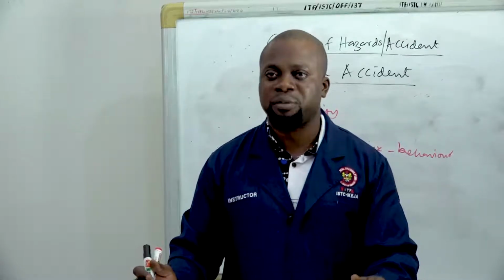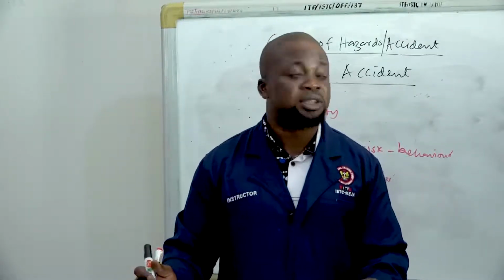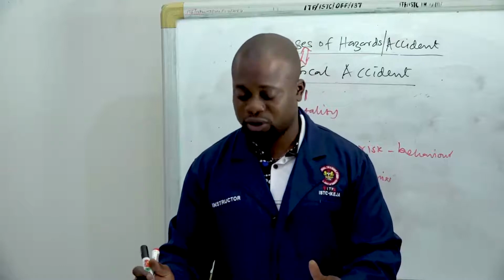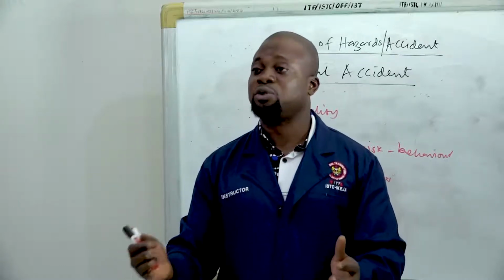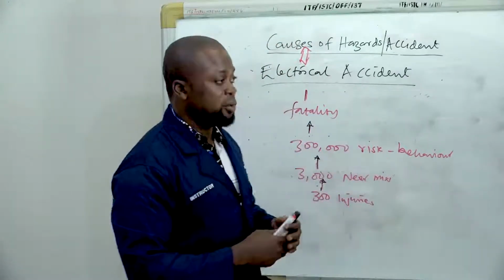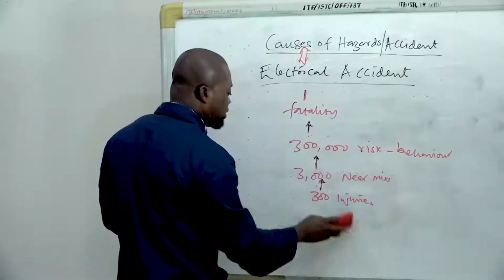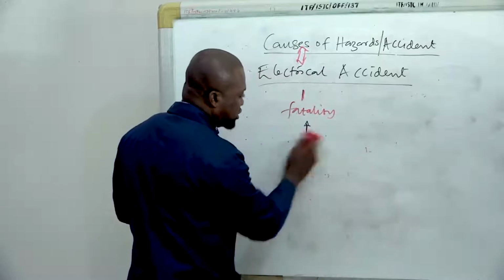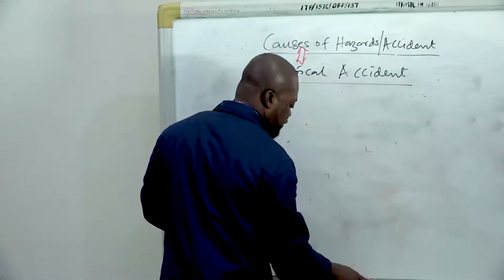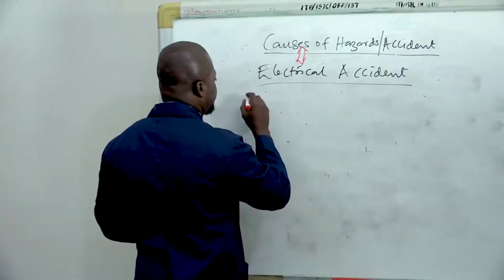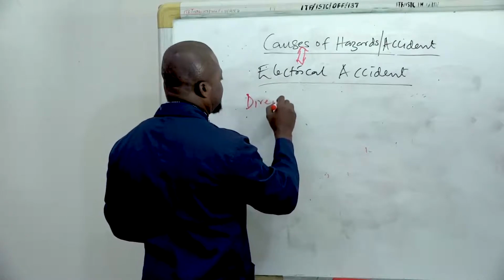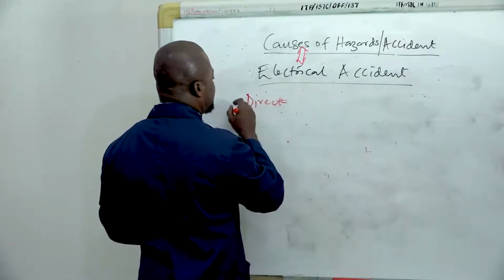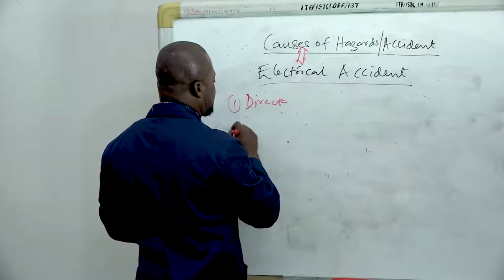It has four major types of electrical injuries that you observe. It has to do with direct and indirect. When it comes to direct, you group direct and indirect injuries in effect of causes of electricity. Direct and what?